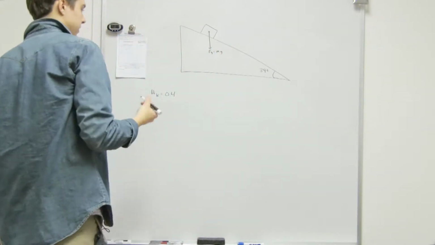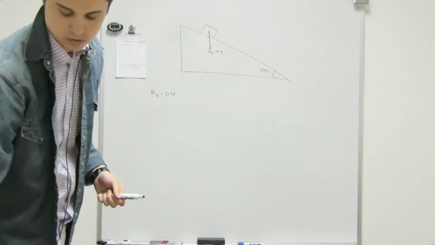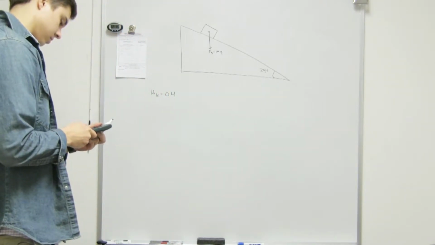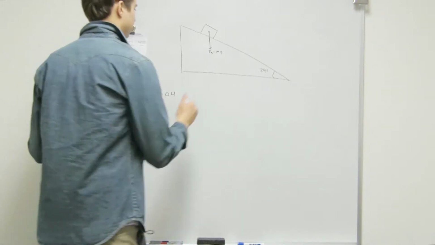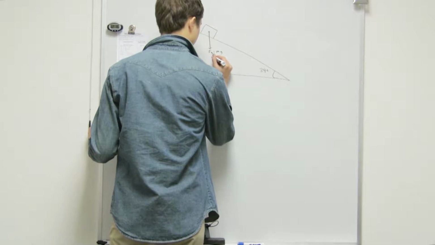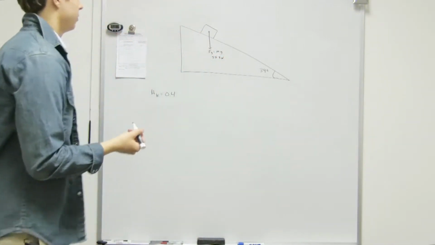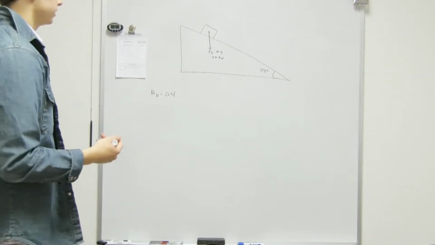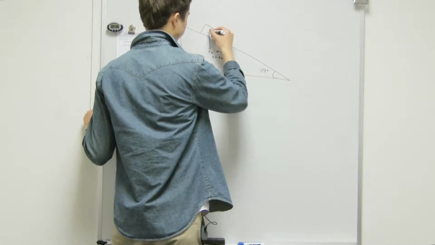In this case, it's going to be 6 times 9.8, which gives us 58.8 newtons. But gravity is not on an axis, so we want to split it into components so that the components are on the axis.